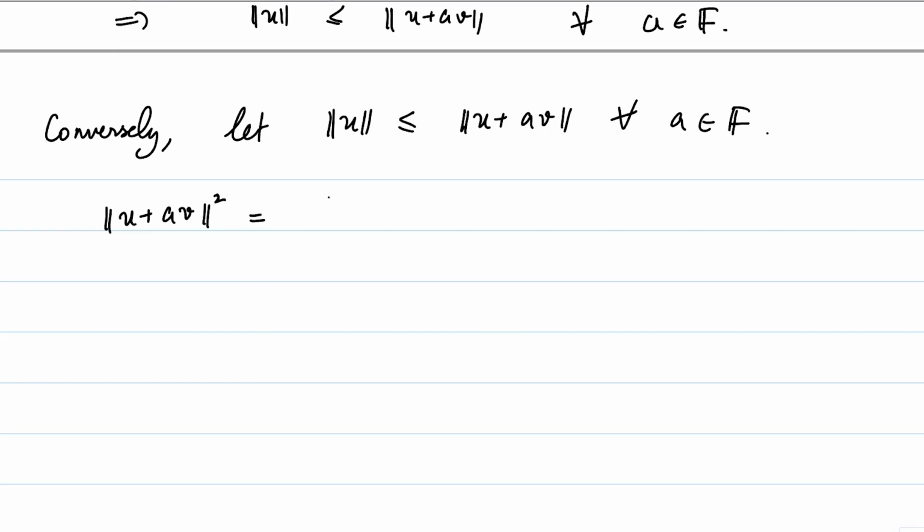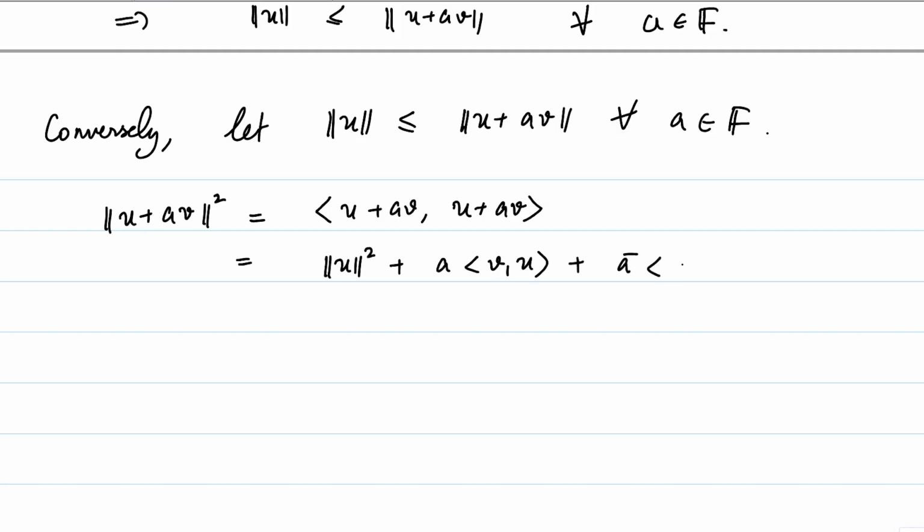This is just the inner product of u plus av with u plus av, and that is equal to the length of u squared plus a times (v, u) plus a bar times (u, v) plus mod a squared times the length of v squared.